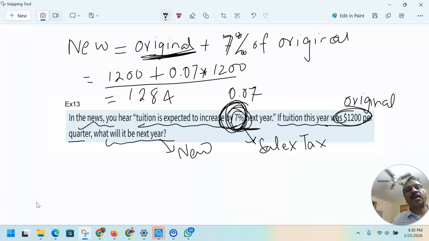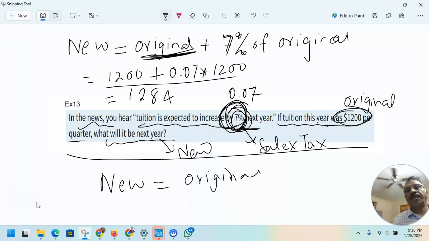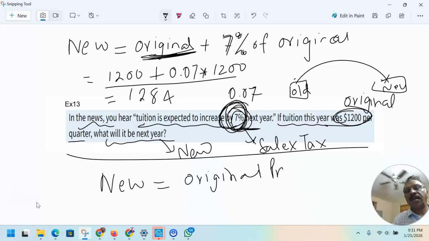But is there another shortcut way to do this? The shortcut is that the new one is the original price, and because the fees are increasing from the old original to the new, you do 1 plus the percent increase, that 7%.